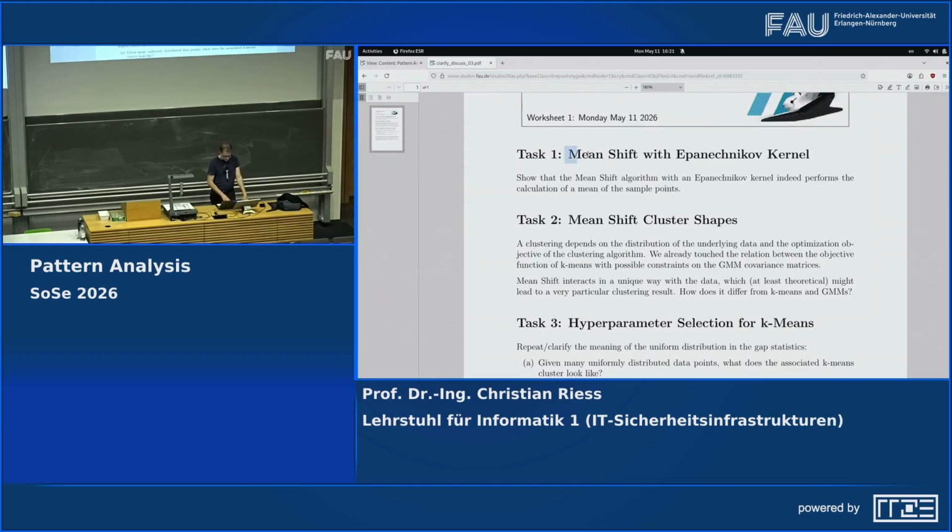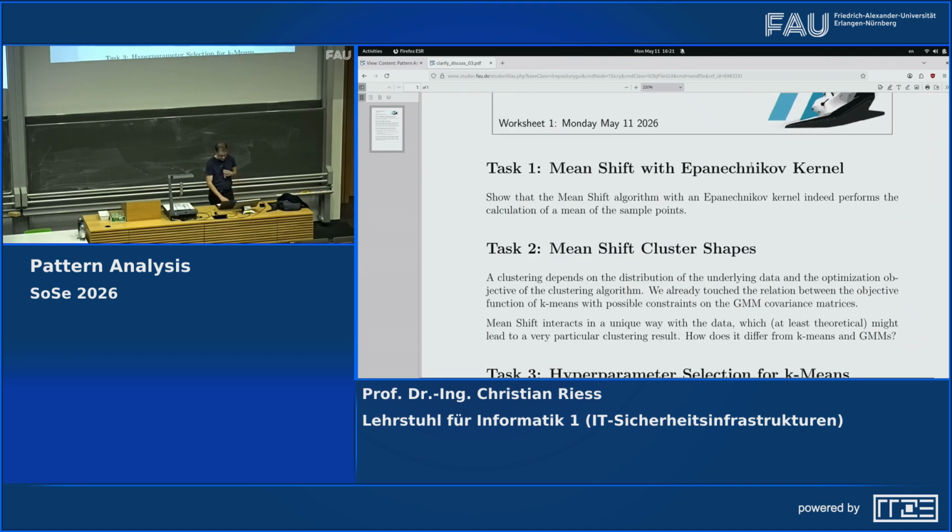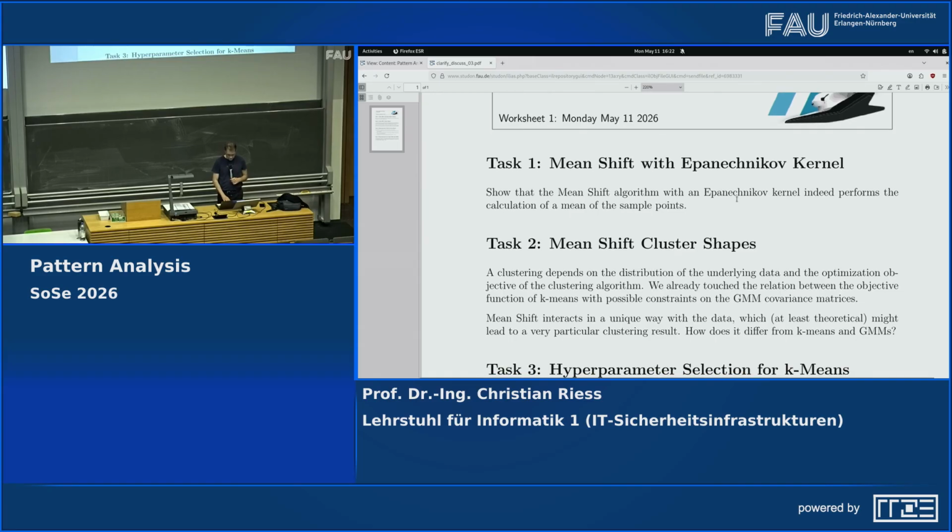One thing that I want to discuss a bit more with you is the use of this Epanechnikov kernel. It's a special kernel when it comes to the mean shift algorithm, because the algorithm becomes very simple when using it, and I wanted to discuss this a bit more.